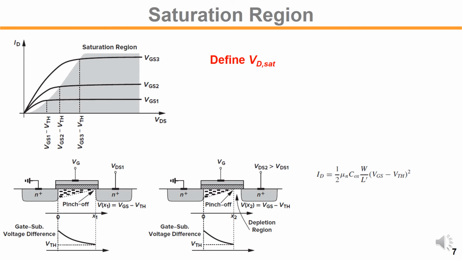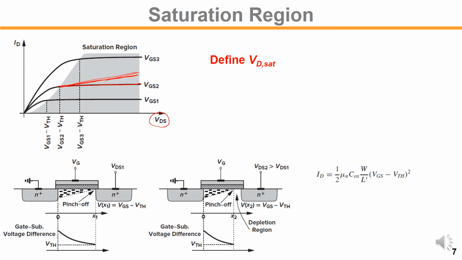In the undergraduate course, in saturation, we assume that the current is not changing, even for VDS variation. But in reality, we see some variation in the current because of second order effects. The second order effect that we can think of in this device operation is shown here.